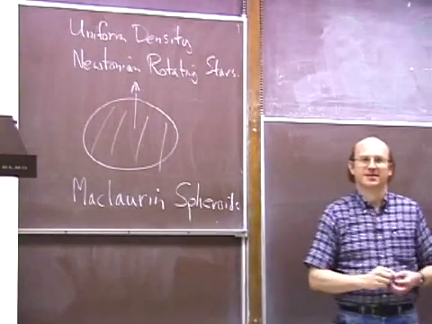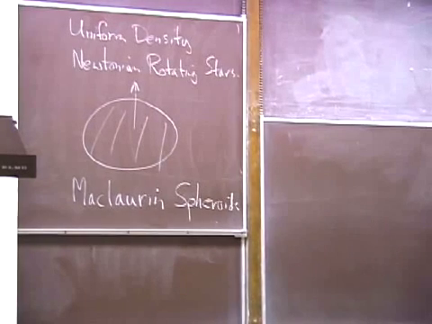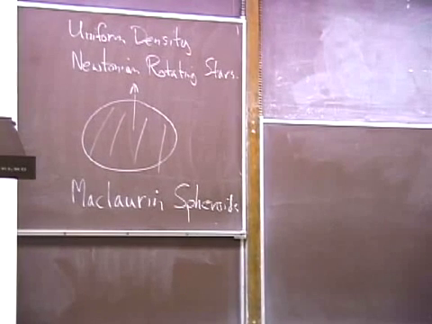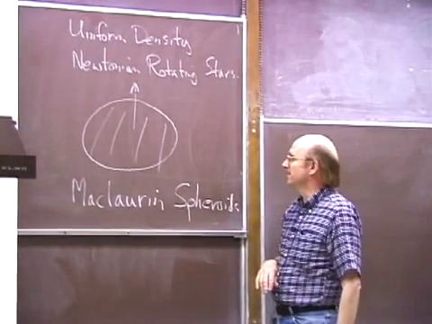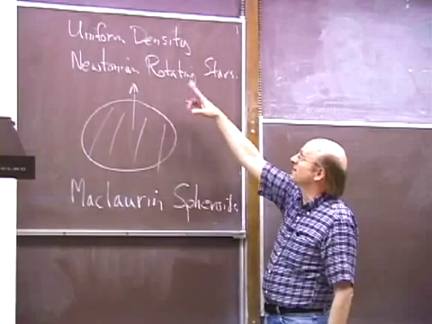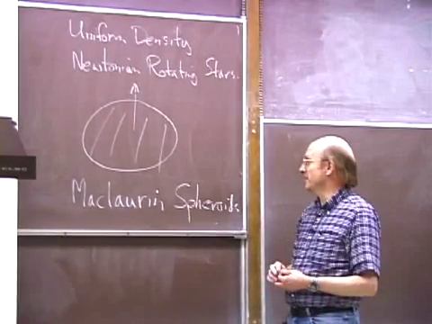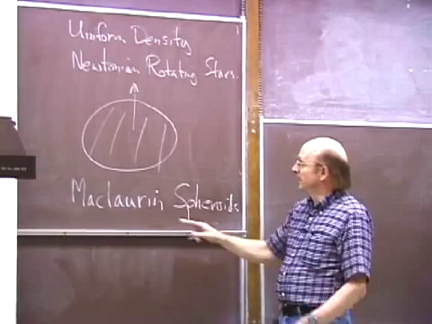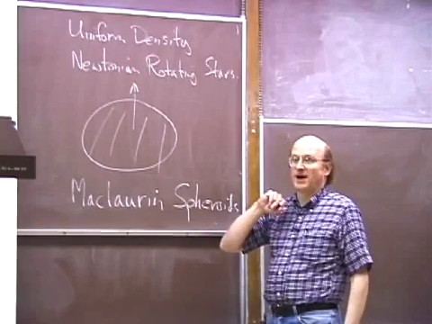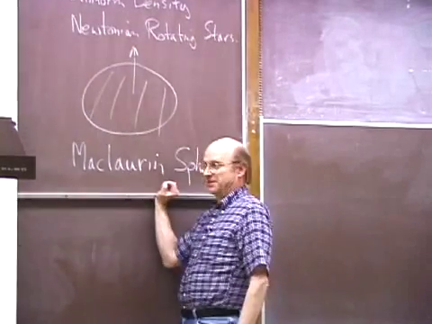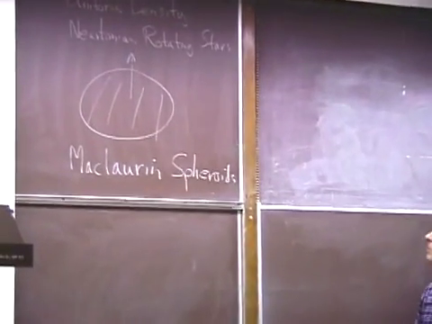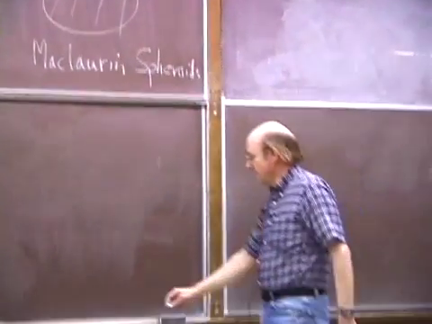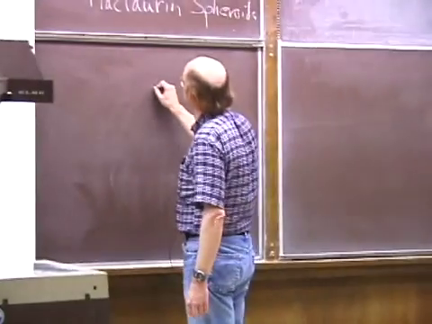Maclaurin is some Scottish mathematician from the 1700s, who first wrote down the solutions of the self-gravitating hydrodynamic equations for them. The stability of these was actually first determined by Riemann, the same Riemann as in Riemann tensor. And he looked at the modes of these.